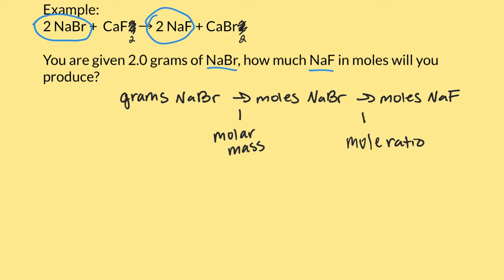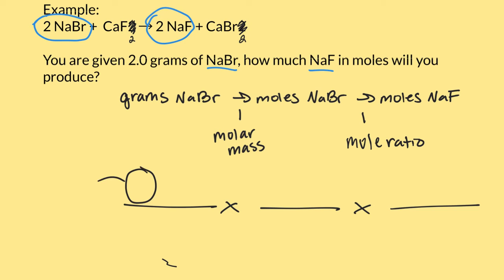For this type of problem, since there are 3 of them here, that means we have to set up 3 fractions. So 1, 2, 3. Whatever you have here, that's going to be your given. Then you're just going to write your units down. So we have given grams of NaBr.